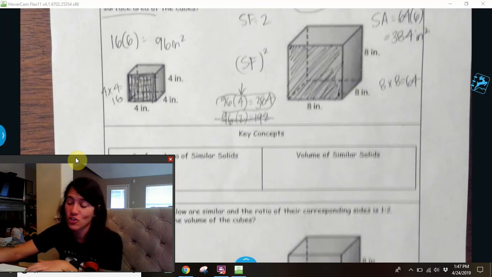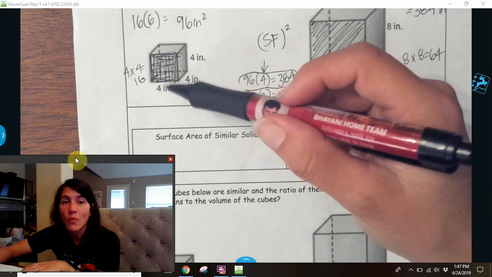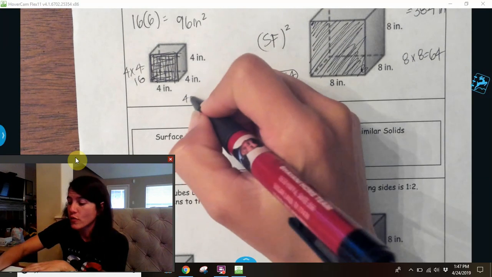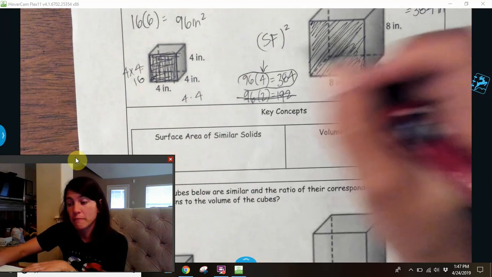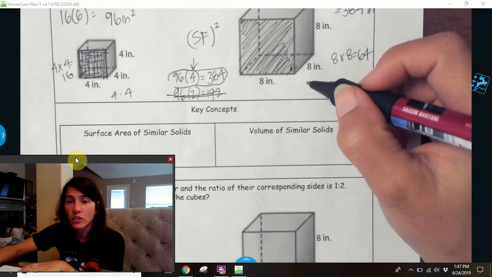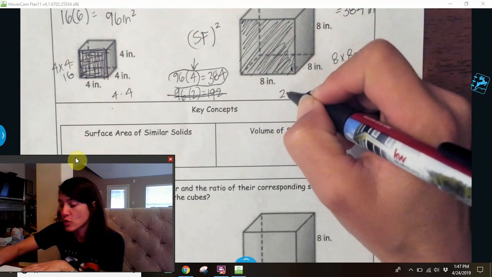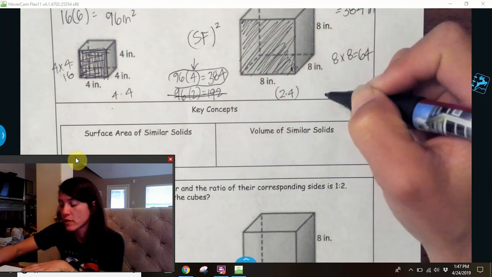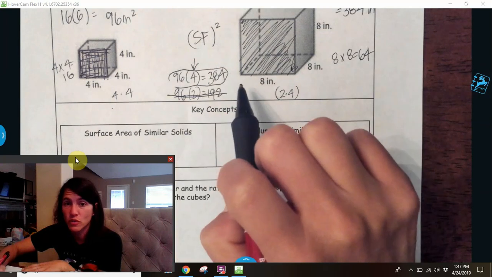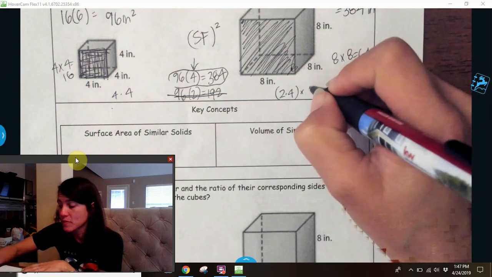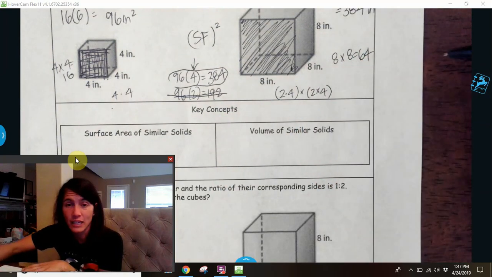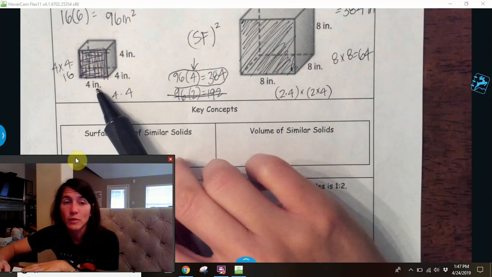The reason is, when we find the area of something, we do 4 times 4, right? Now over here, we doubled the 4. So we did 2 times 4, which is 8, times 2 times 4 again, which is 8. Notice we're doubling the 4.